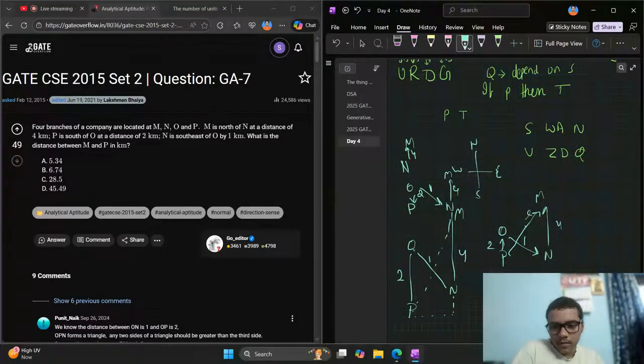This is 2 kilometers up, so this will be 2 kilometers up. And you need to just find out this length. This is 2 and this is 1. And this is 45 degrees. So you need to know this length.